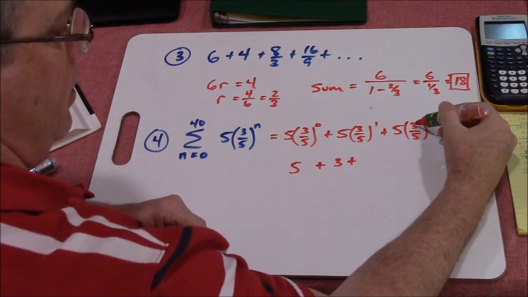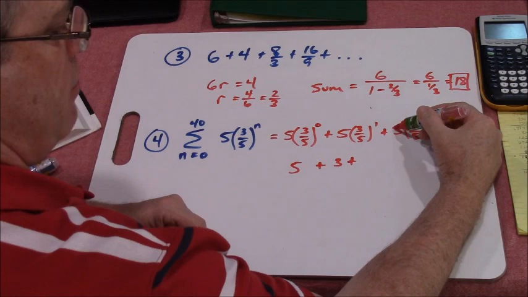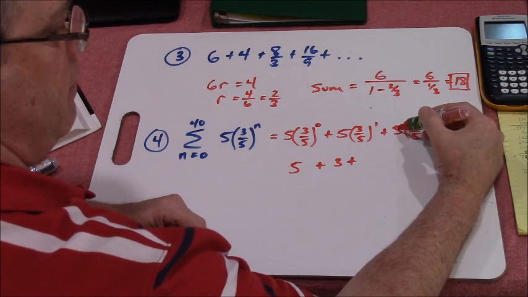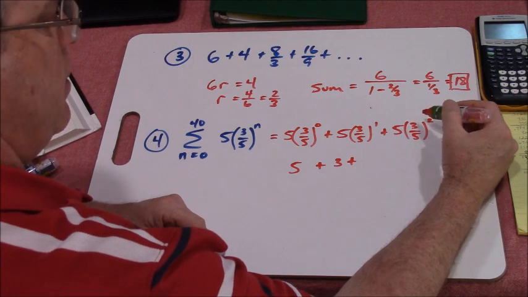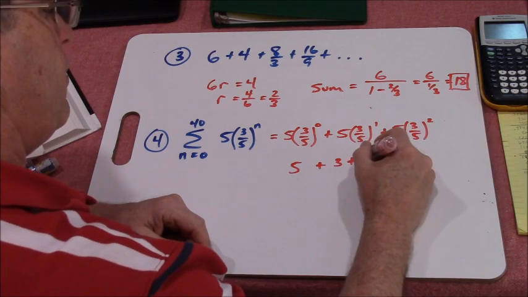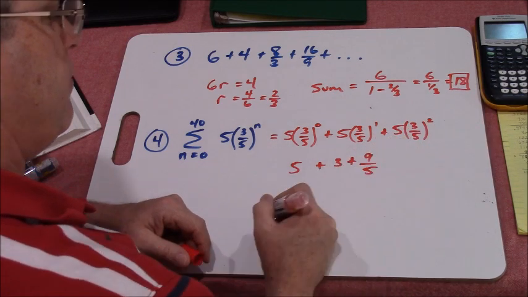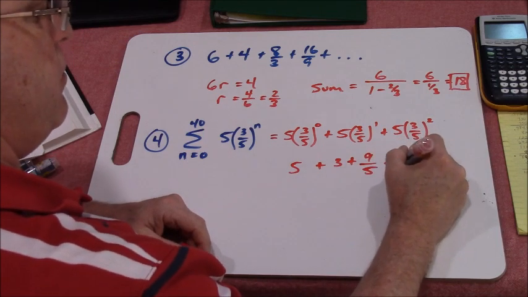So that would be 9/25 times 5. The 5 and the 25, I could cancel there and get 1 and a 5, so I'd have 9 over 5. And then this is just going to keep on going.